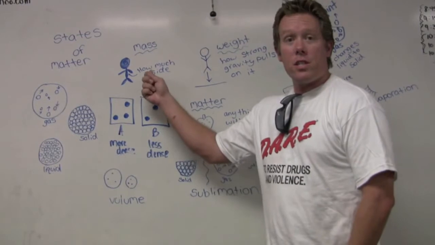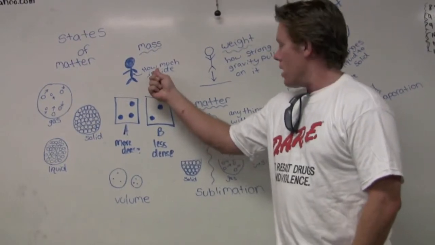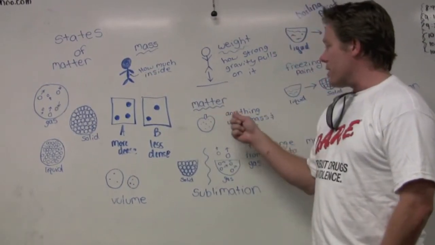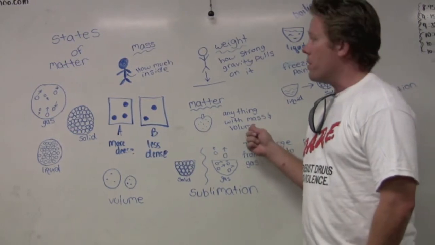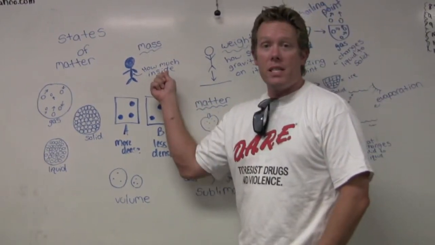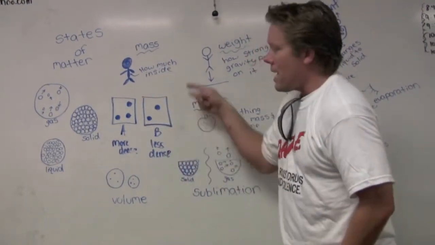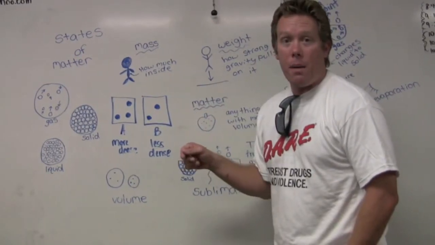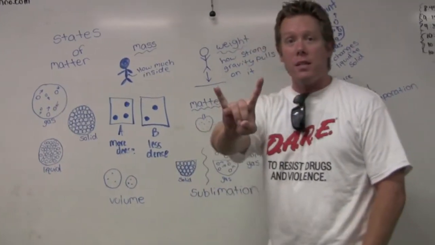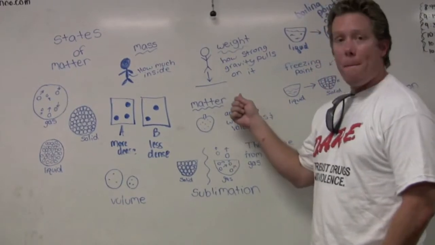So as long as there is stuff inside. And volume. Matter is anything with mass and volume. Mass is how much stuff is inside. Volume is how much space an object takes up. As long as it has those 2 things, it is made of matter.